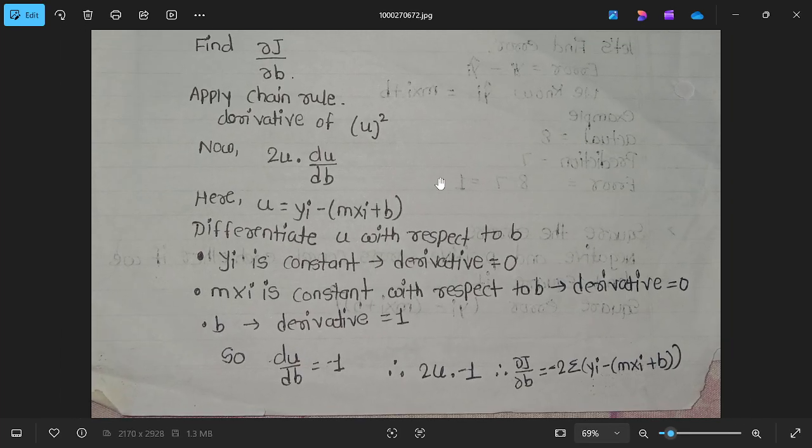What is u? You can see here u is yi minus mxi plus b. We write this u after the 2. So our equation becomes this, and 2 into minus 1 becomes minus 2. This is our equation.